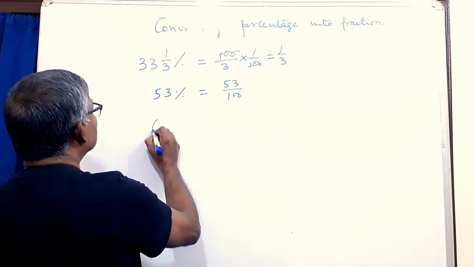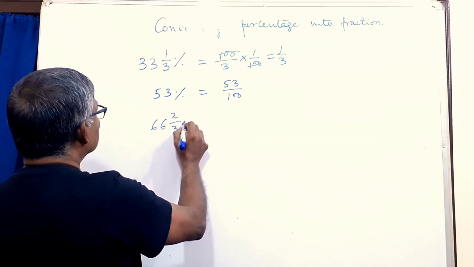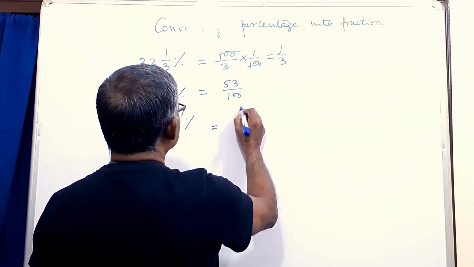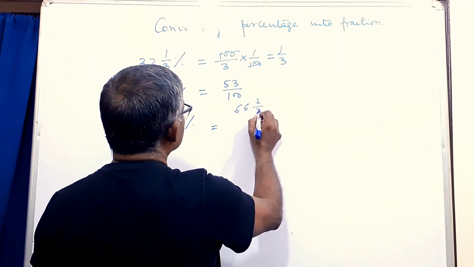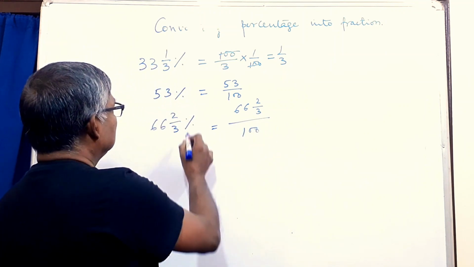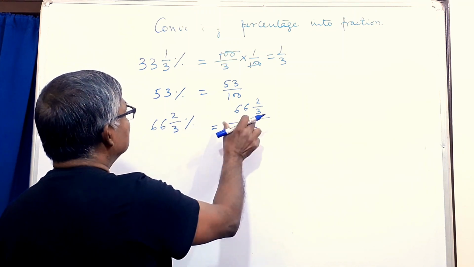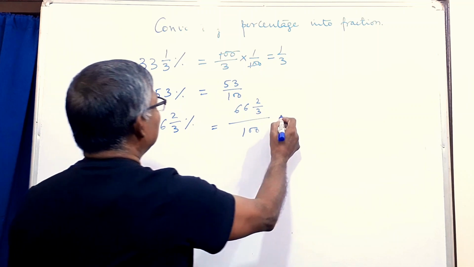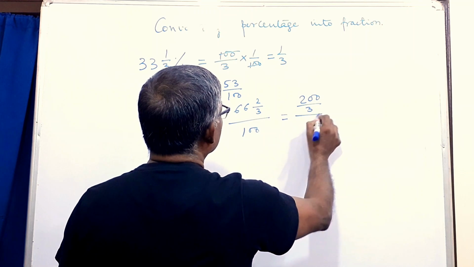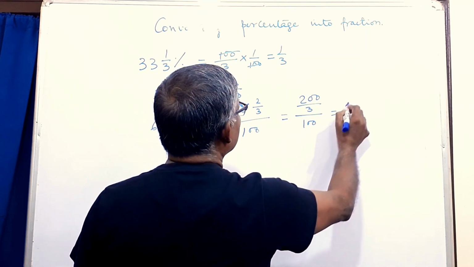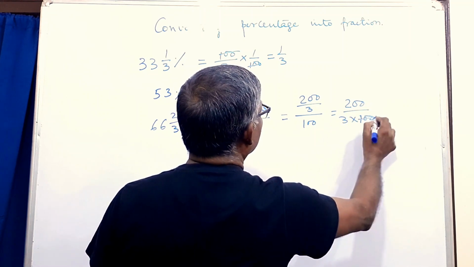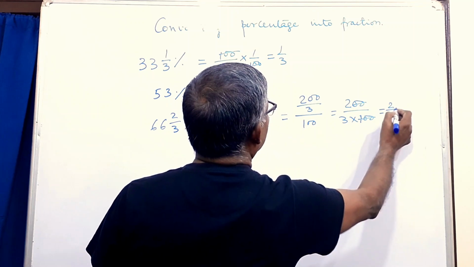Suppose, actually percentage means the number by 100. So this can be written as 200 by 3 by 100. So it can be written as 200 by 3 into 100. So it is 2 by 3.